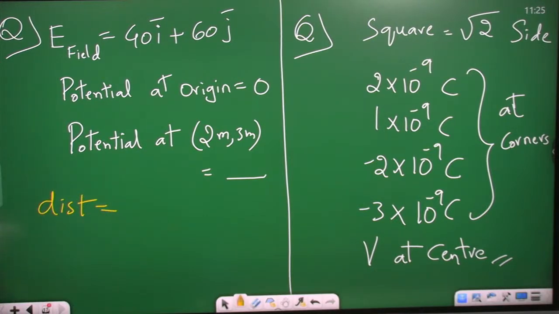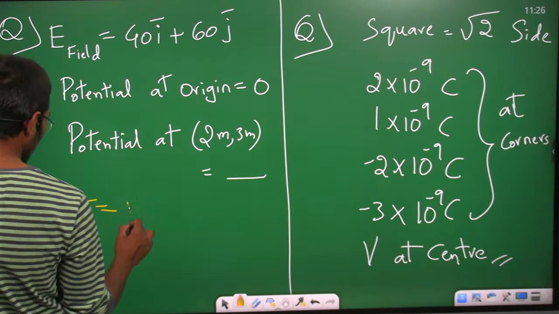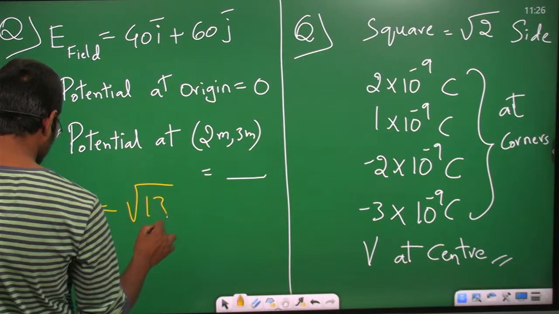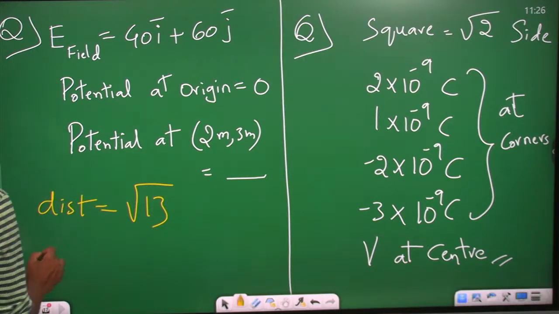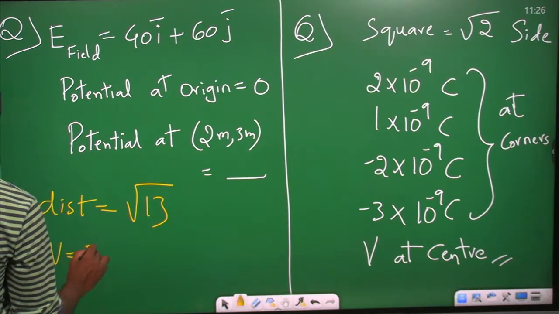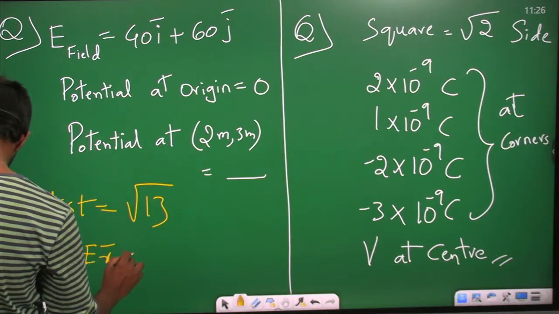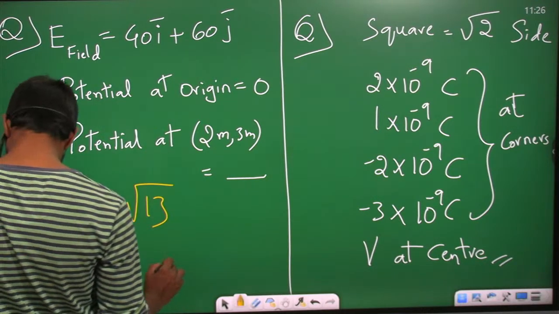Distance of point. Okay, you can do that. So distance is root 13. The V is equal to E x d, we will get 260 volts.